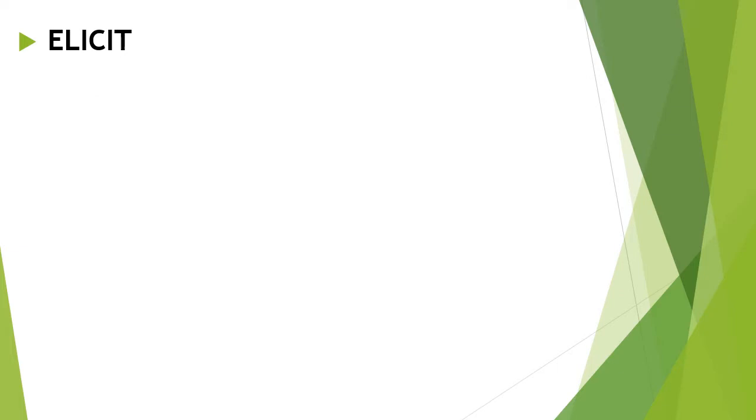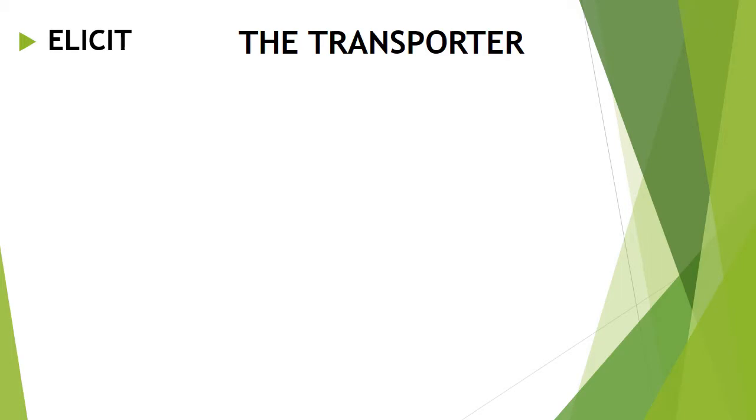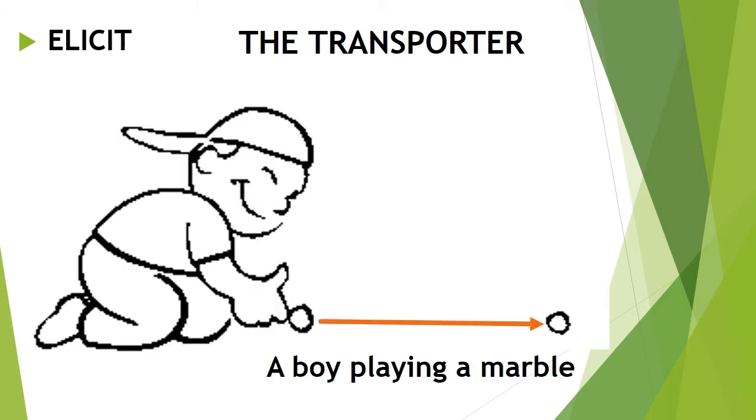Okay, so this time, my dear participants, please get the copy of your learning activity sheet as we take a look at the first activity. This is called the Transporter. In the example, you can see a boy playing a marble. What the learners have to do is to examine the picture, identify the reference point, and measure the distance traveled by the marble.